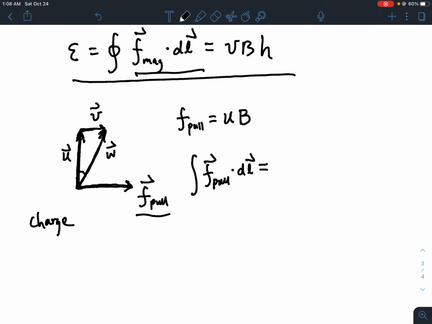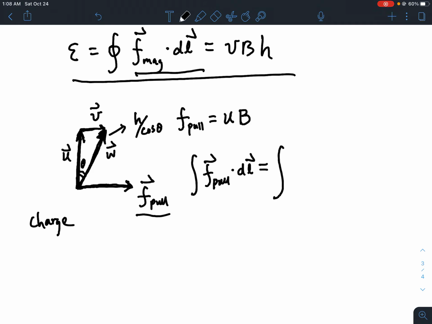Let us say this angle is theta here. So we really are moving this way, and this distance is really h divided by cosine theta.